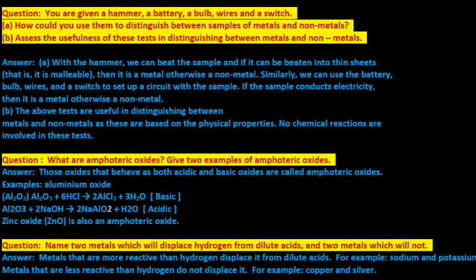Answer A. With the hammer we can beat the sample, and if it can be beaten into thin sheets, that is, it is malleable, then it is a metal, otherwise it is a non-metal. Similarly, we can use the battery, bulb, wire, and switch to set up a circuit with the sample. If the circuit conducts electricity, then it is a metal, otherwise it is a non-metal.